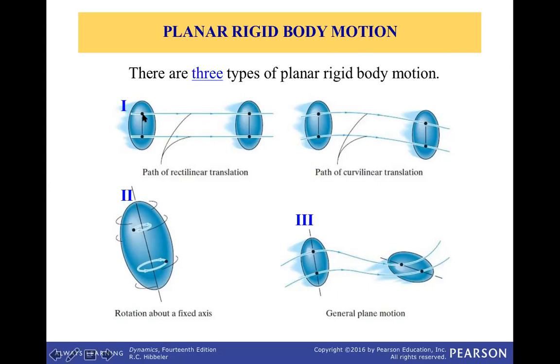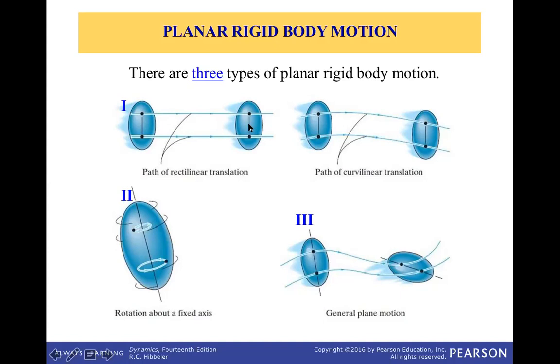You draw a line between any 2 points within the body, and during the motion this line from one point to any other point is going to be parallel to the original.